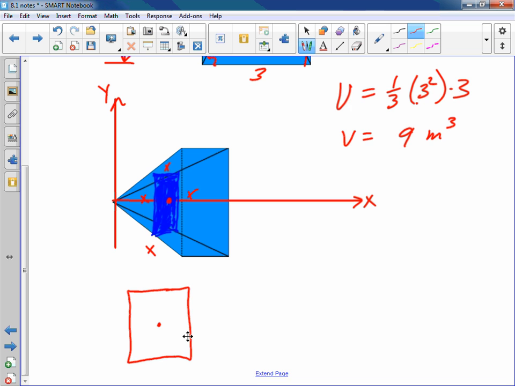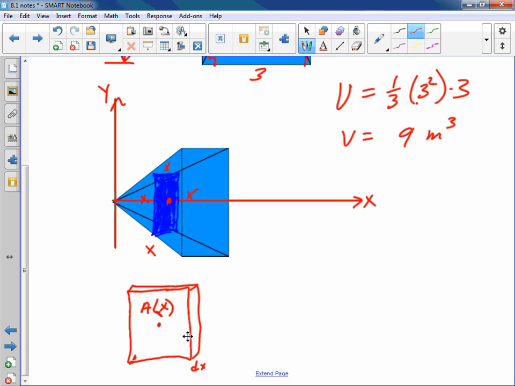So here's our slice. Now let's give it an area we'll call A of x. Okay? Good. So it has some area A of x, and it will have some infinitesimally small thickness. How thick is it? dx. dx is a thickness, but it's a really, really small thickness.